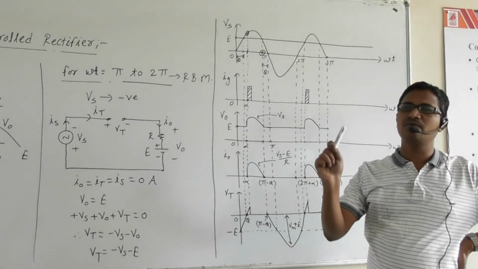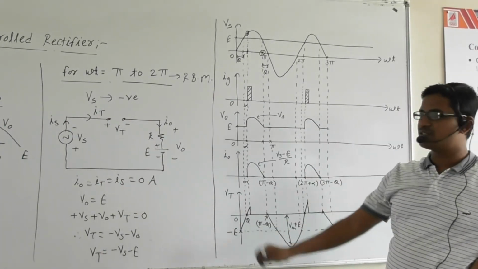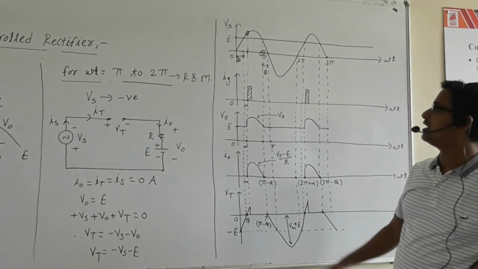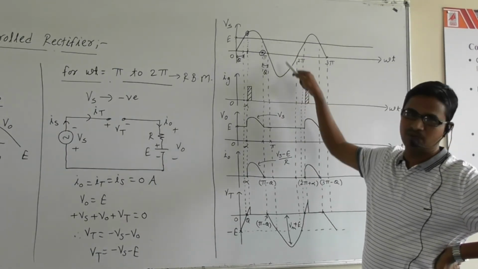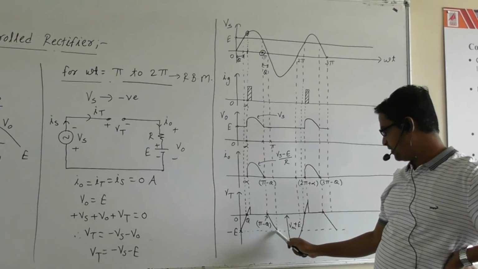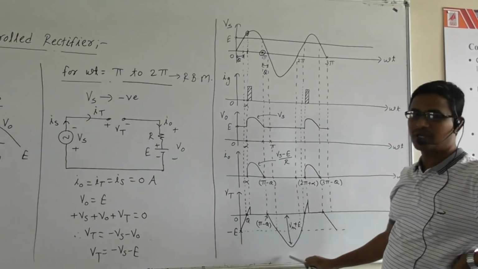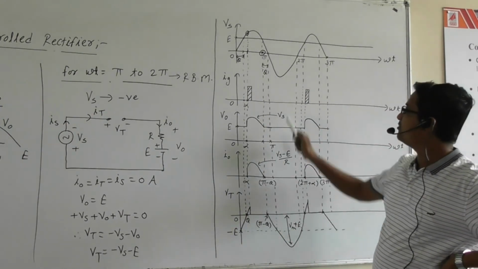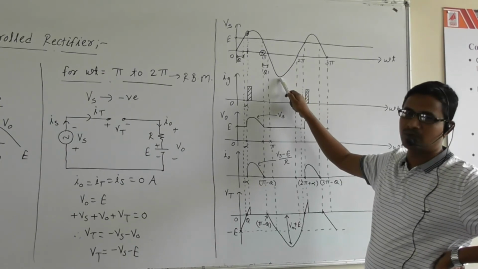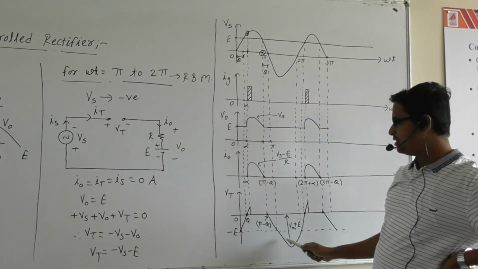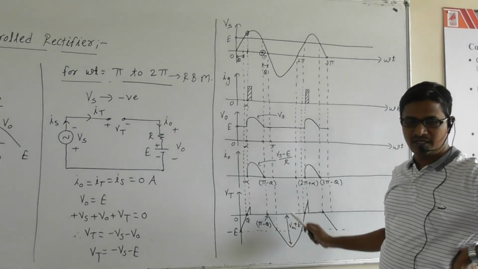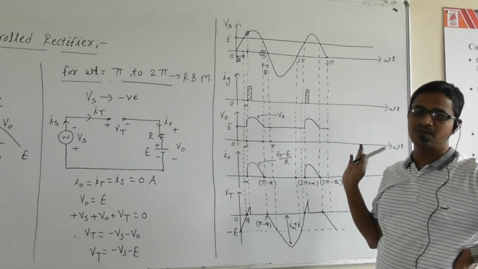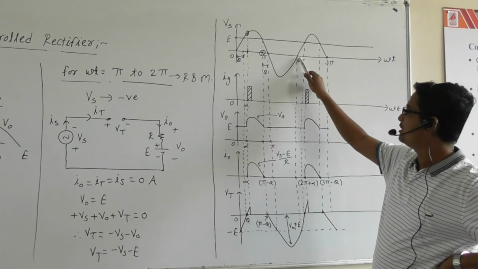Important to note that in the Vt waveform, Vt is minus Vs minus E, which means this is already negative, and we need to add this one, so the waveform will be like this. When Vs is at peak value, the voltage across thyristor will be Vm plus E, but in the negative direction. This will continue till 2 pi.